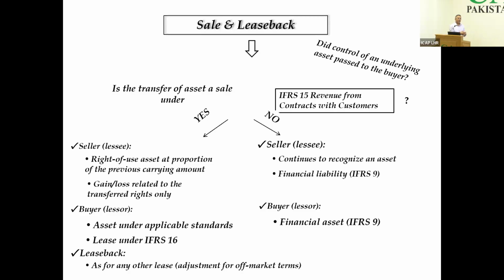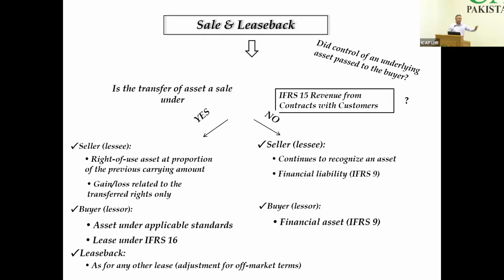The asset will remain in the books of the owner lessee, and whatever amount or consideration it received will become a loan, and it will be accounted for under IFRS 9 as a financial liability. The asset will remain in the books of the owner lessee, but it will be accounted for under IAS 16 or IAS 40, whatever standard is applicable.